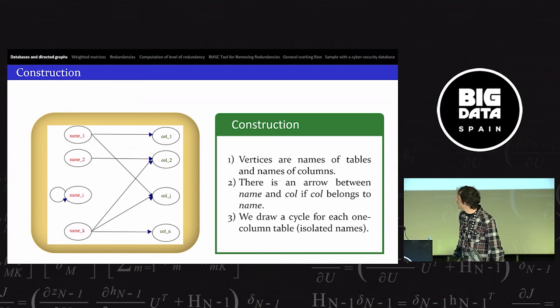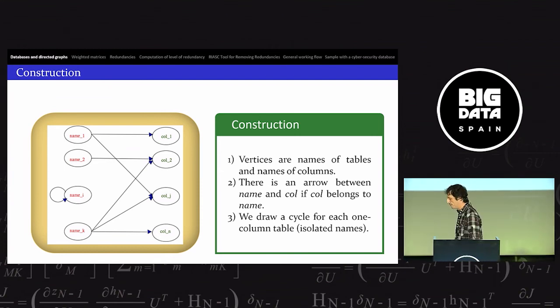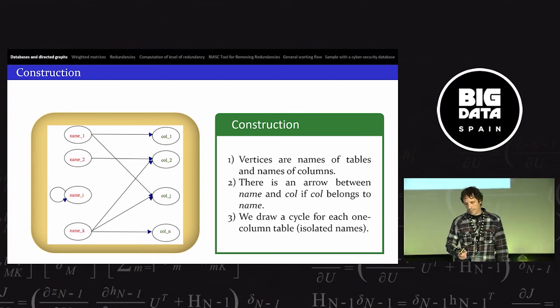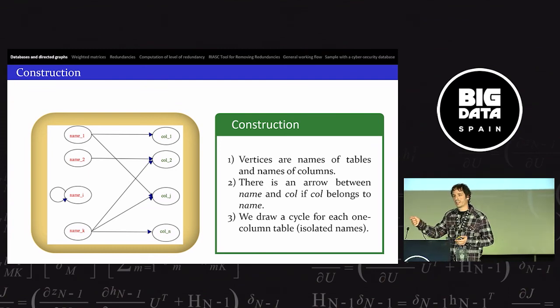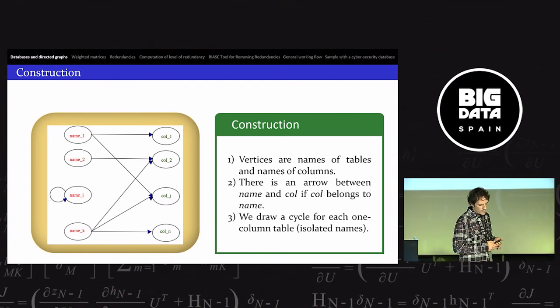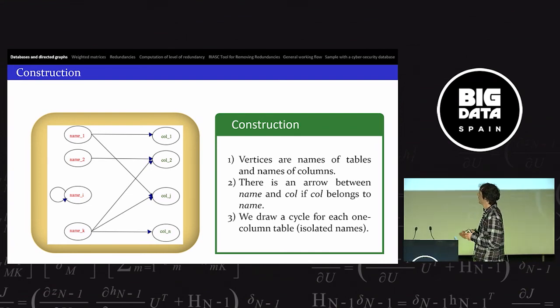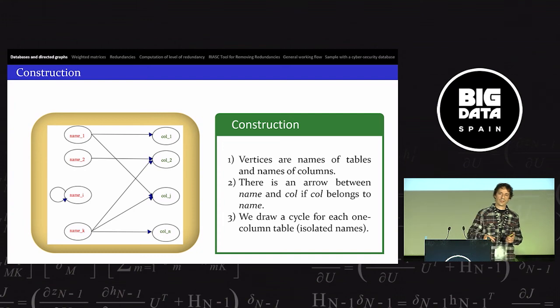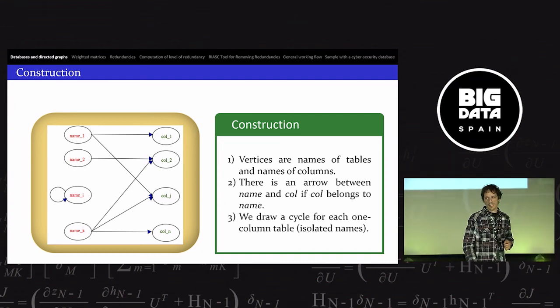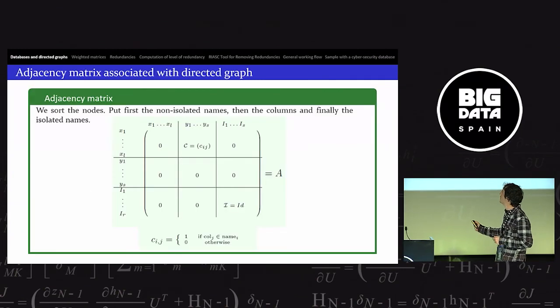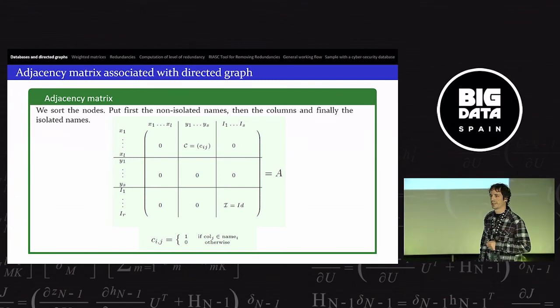Well, so the point is that we want to give a complete algebraic description of one metric. The metric is the level of redundancy of our database, okay? And in order to do so, what we're going to do is to use this structure to transform completely our database, okay? So recall that given a directed graph, we can always get its associated adjacency matrix, right?